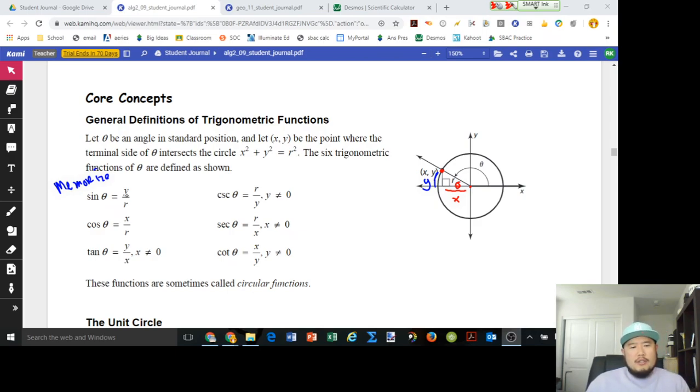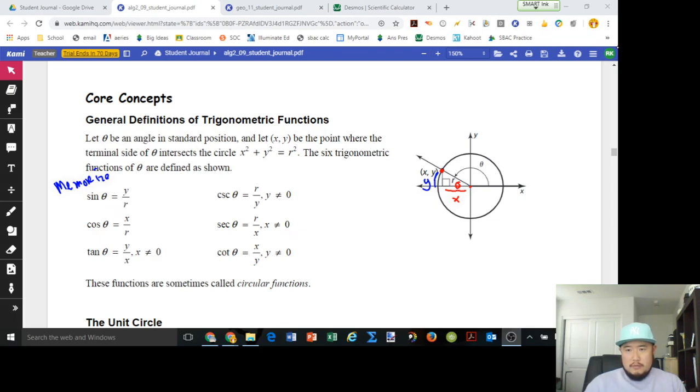And the same thing goes for cosine theta. Remember, SOHCAHTOA, cosine is adjacent over hypotenuse. The adjacent side right here is x, the hypotenuse is r, so it becomes x over r. And for tangent, it is y over x. Opposite over adjacent are the two sides for tangent, so opposite is y, adjacent is x.